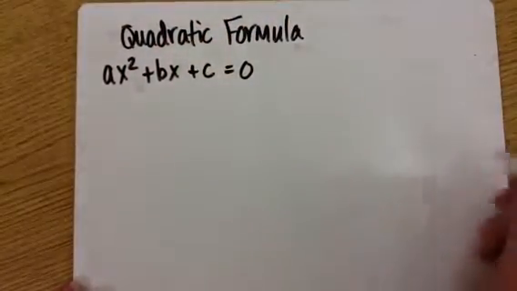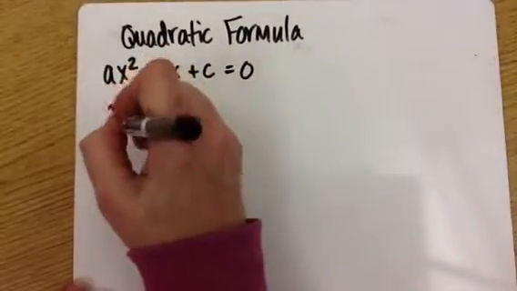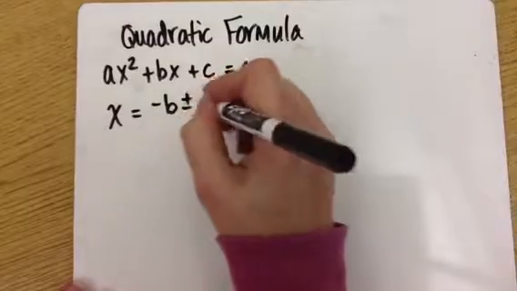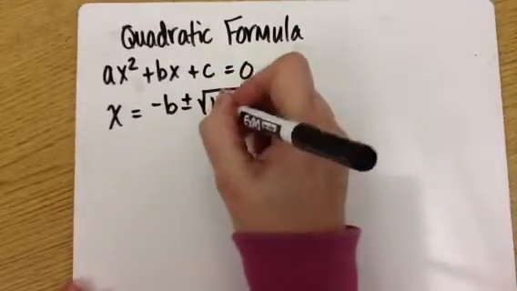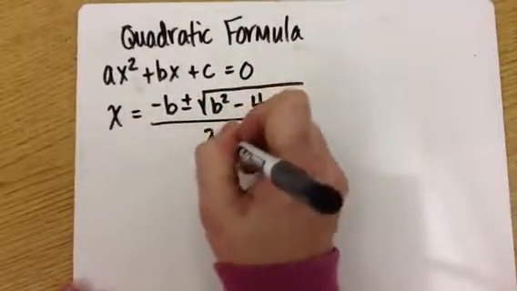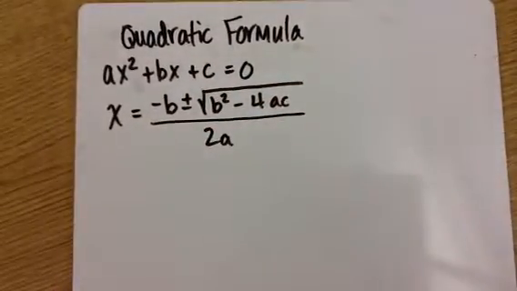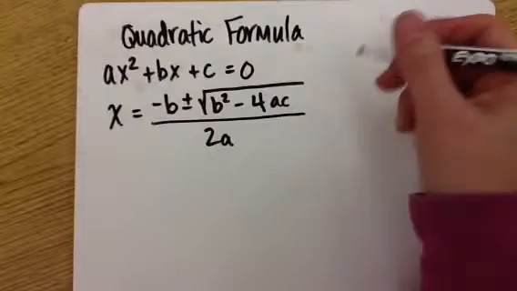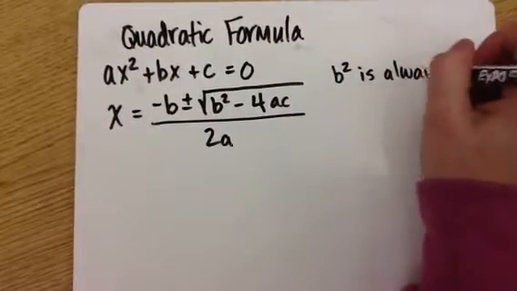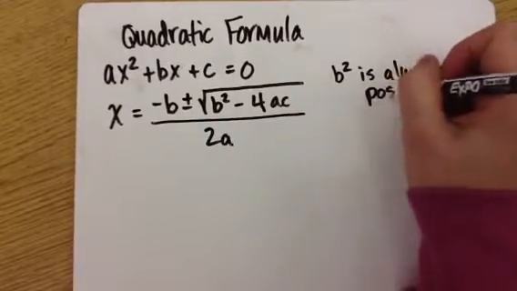And then the quadratic formula is x equals opposite b plus or minus the square root of b squared minus 4ac divided by 2a. Now, there are a couple of things worth note here. One is that b squared is always going to be positive.